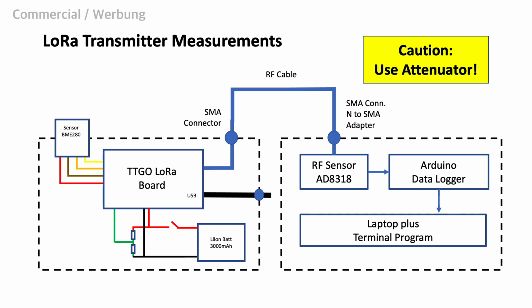The output DC voltage is then processed by an Arduino data logger and recorded by a terminal program on the laptop. We use the freeware CoolTerm for this purpose. If you are interested in do-it-yourself such an RF measurement device, I have good news for you. There will be later episodes covering the making of this.